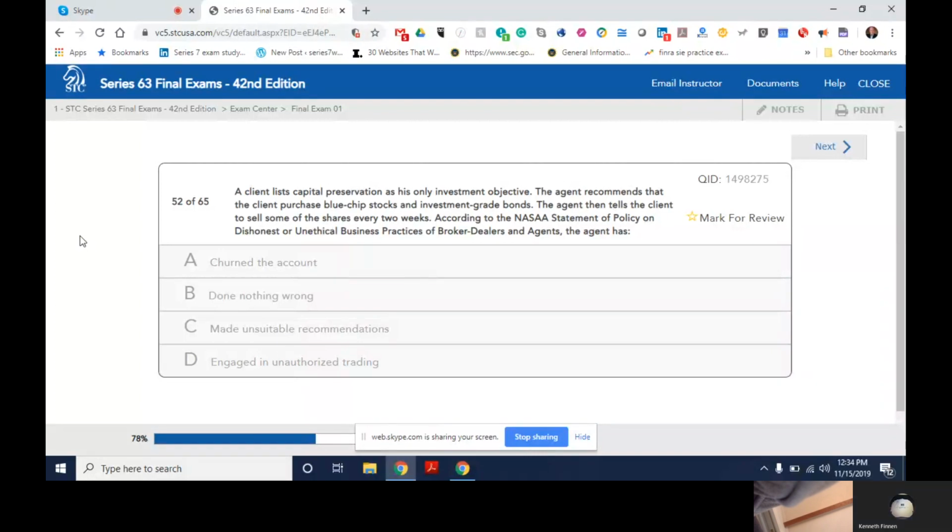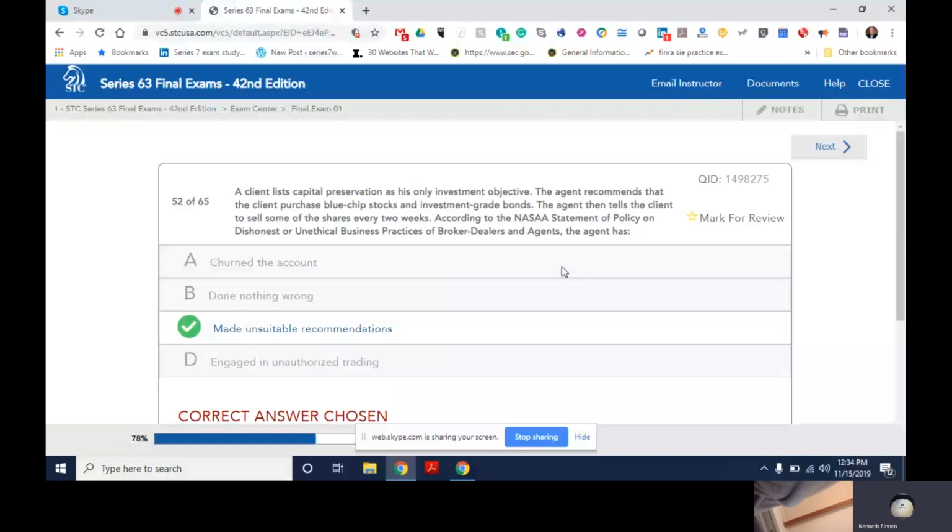Well, he's telling the client to do something, so technically he didn't churn it and he didn't do unauthorized trading. I think he's made unsuitable recommendations. If he did the trades himself, it would be A or D. I could be wrong, but the reason is that to churn the account and engage in unauthorized trading, he would have had to do the trading. He told the client to do it. Even though the client wanted preservation of capital, those are unsuitable.